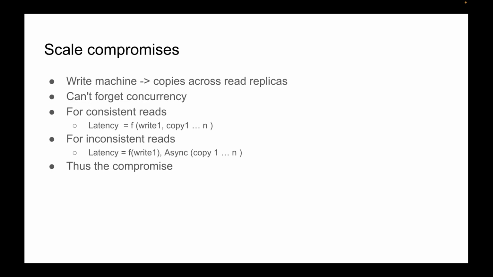You can say, I want low latency, and I'm okay with weak, inconsistent reads, and the database will offer you that functionality. Or you can say, I'm not okay with this, I want strongly consistent reads at the expense of a higher latency, and the database will allow you to do that. Okay, so you have to figure out what compromise you need.